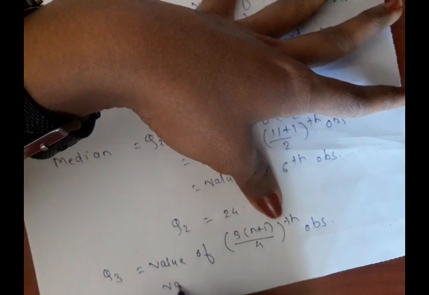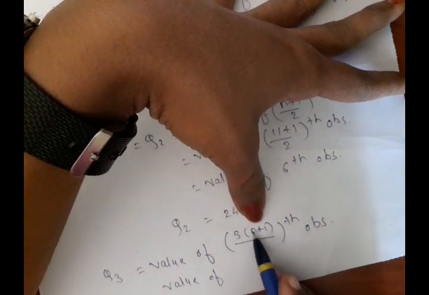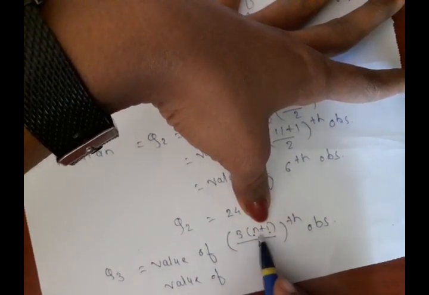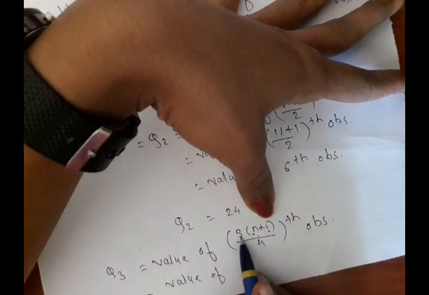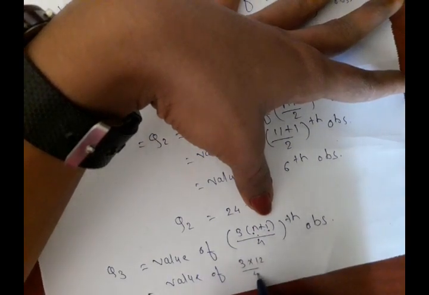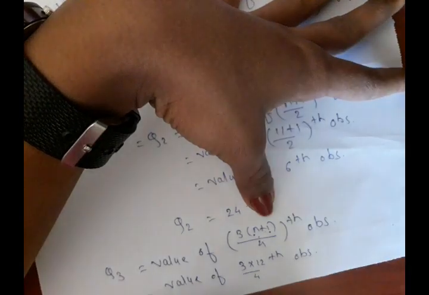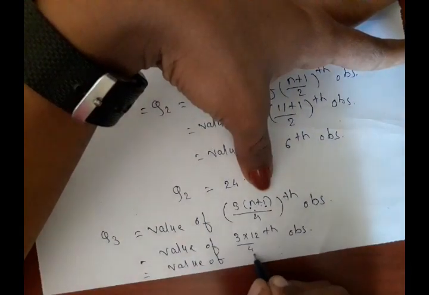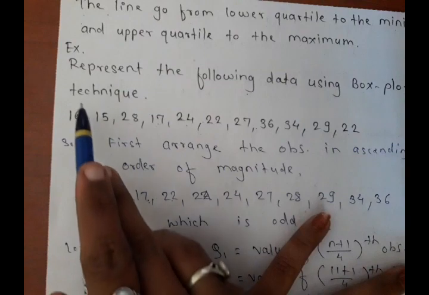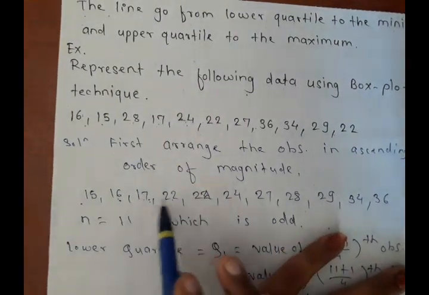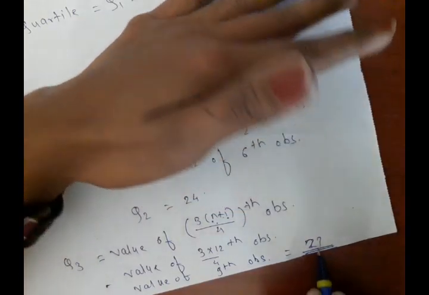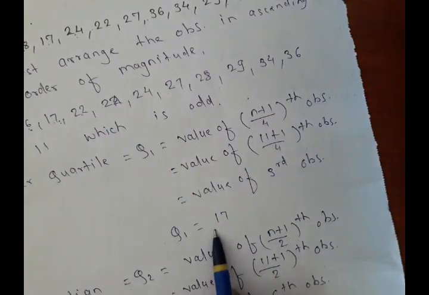So here n is 11, 11 plus 1 is 12, 12 into 3 by 4th observation, which is value of 9th observation after solving. 9th observation is 1 2 3 4 5 6 7 8 9, which is 29. So Q3, Q2 and Q1.